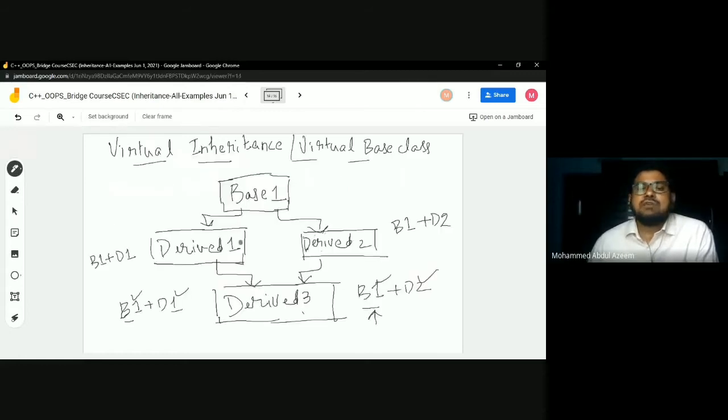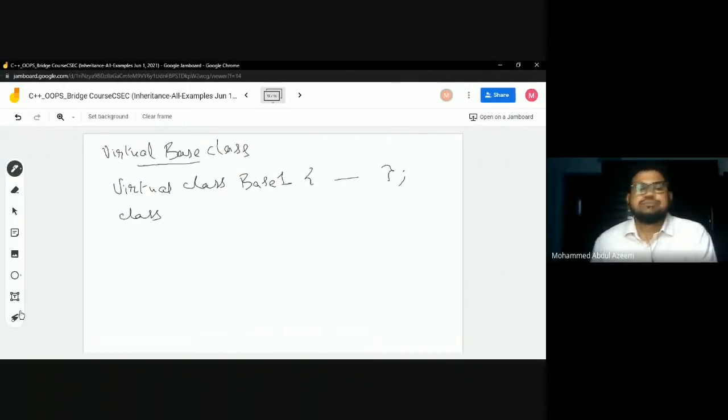So the rest is derive one and derive two, and these two are being inherited directly. So class derive one, colon, I say simply base one.